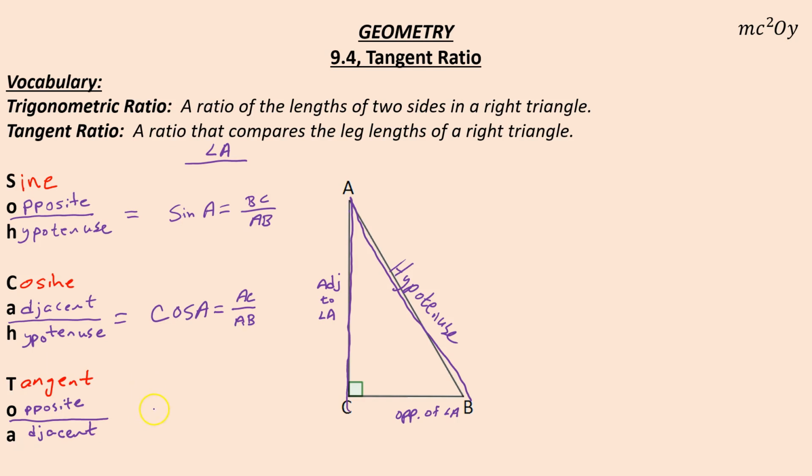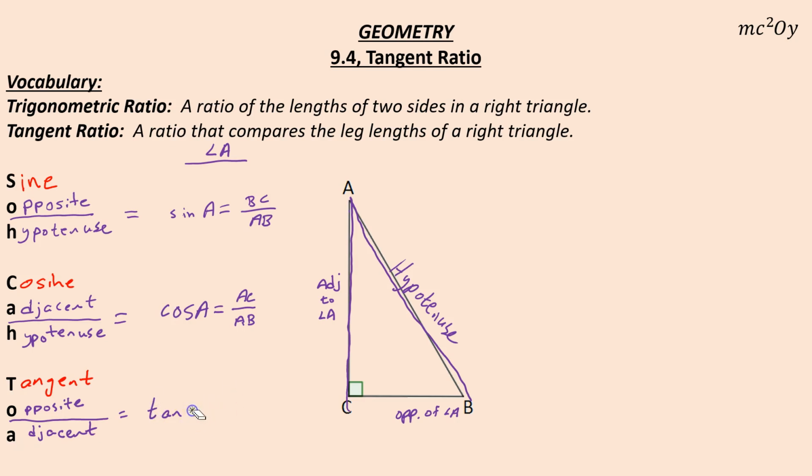And then finally, the one we're studying today is the tangent. So the tangent of angle A, and by the way, the word sine, the word cosine, and the word tangent are lowercase. I have this bad tendency to make them uppercase.